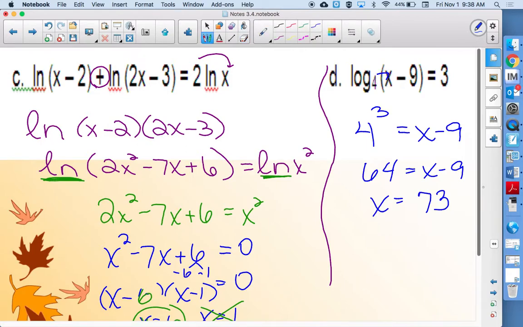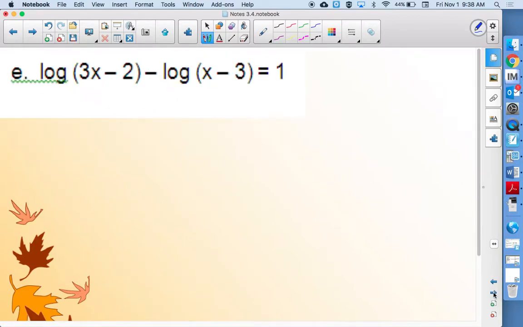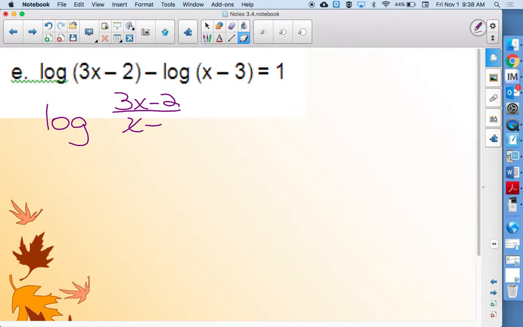All right, the last one on here. What would you do if it says minus, Dylan? Or Josh? Oh, you got it. Divide. So we're taking 3x minus 2 divided by x minus 3. That's good. Remember, you only have one log. That log is outside.